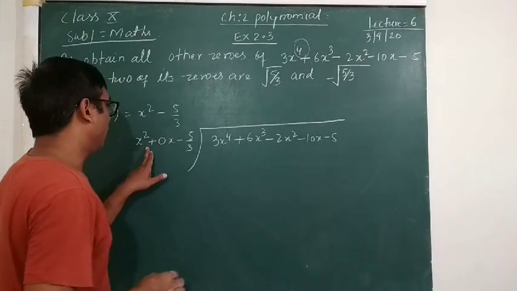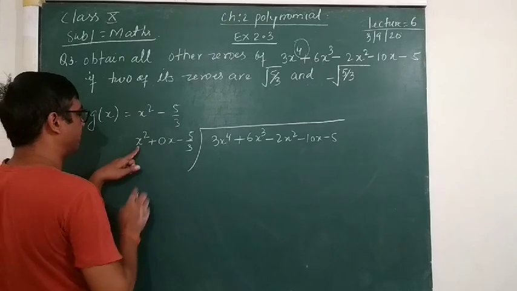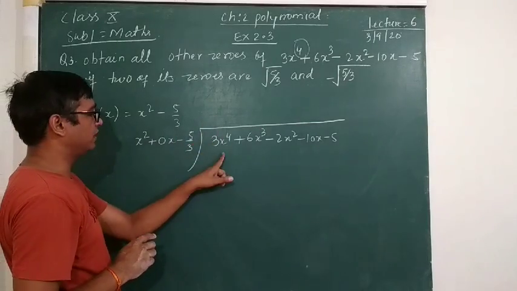So you will write here 3x^4 + 6x^3 - 2x^2 - 10x - 5. Now what to multiply so that if you multiply with x square you get 3x^4?